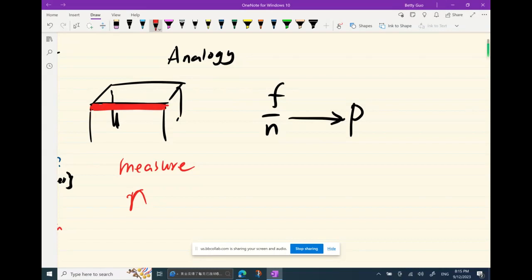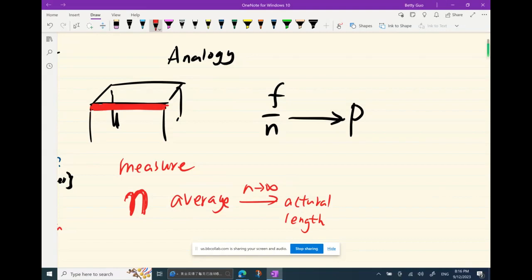So we measure many times, say n times, and then we take the average. When n approaches infinity, the average, the mean, of those measurements would be very close to the actual value of the length.